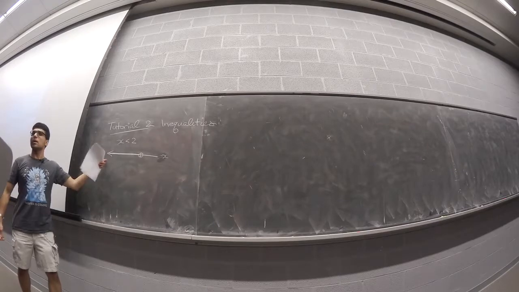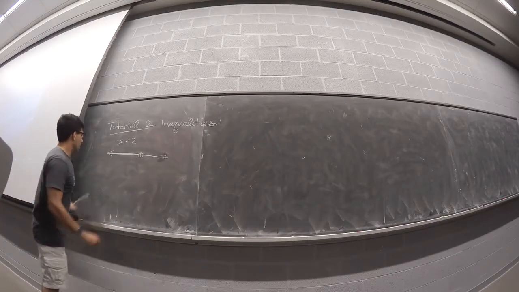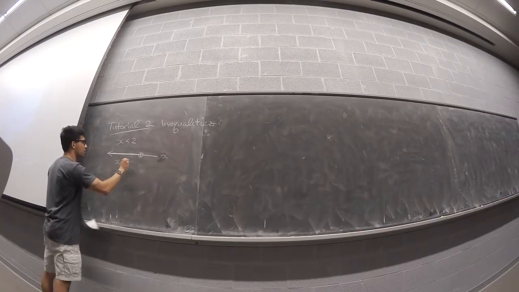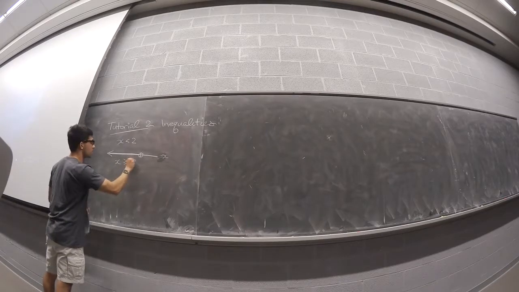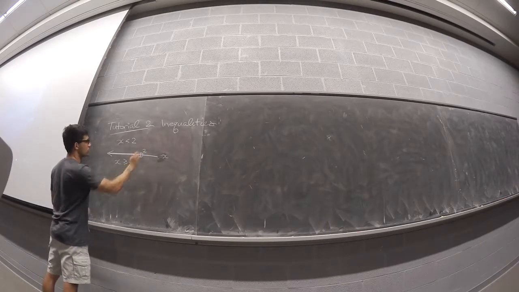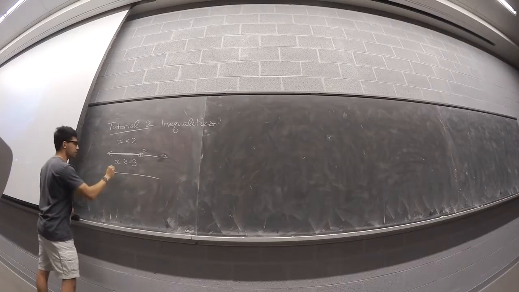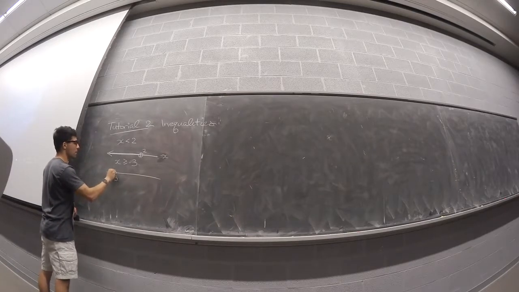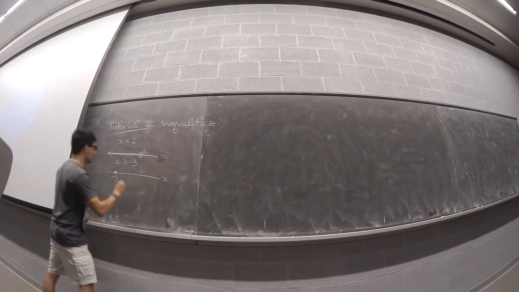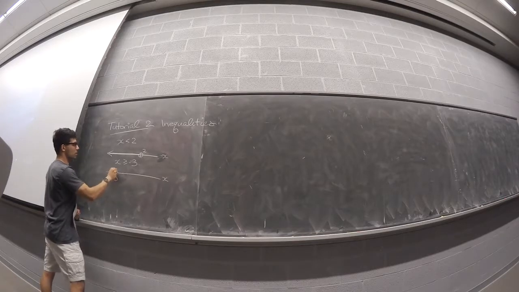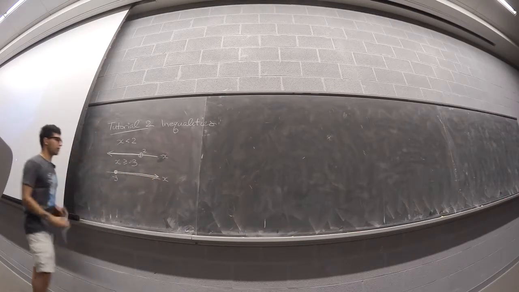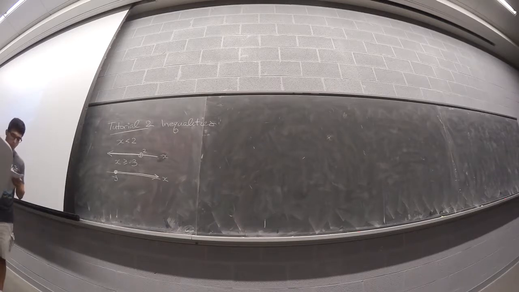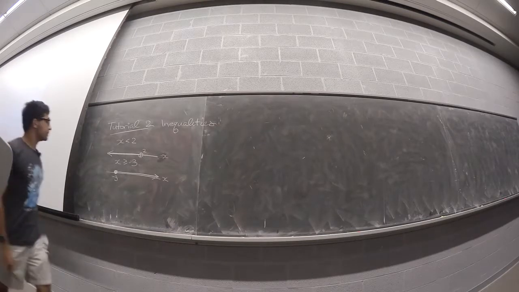Okay. X greater than or equal to minus 3. That's the number line. Include minus 3 and everything bigger than it. Okay? All right.